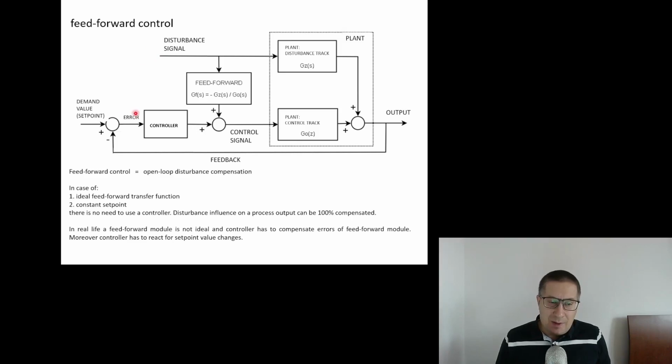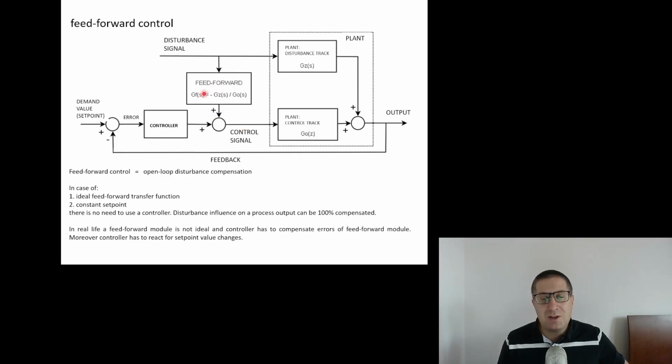So this is our standard approach, right? The control loop with the feedback. But here, after the controller, we are adding the feed-forward block, feed-forward algorithm, that based on the measured disturbance is calculating corrections of the control signal.